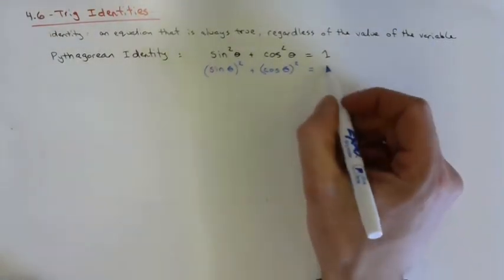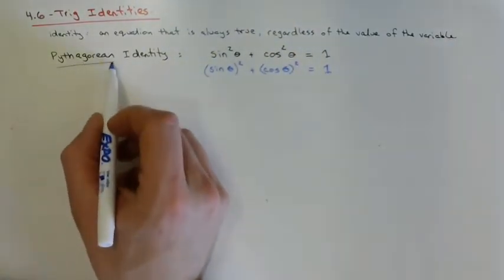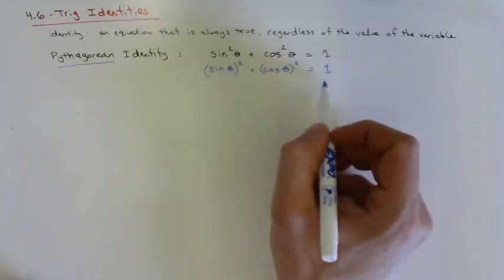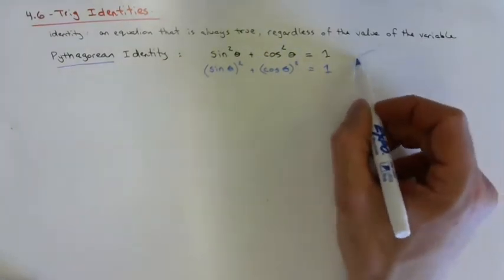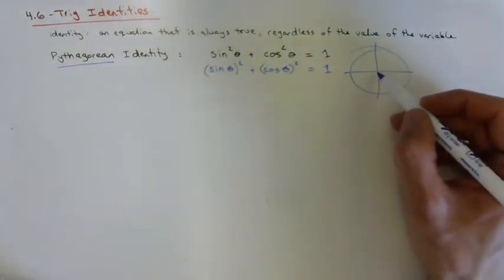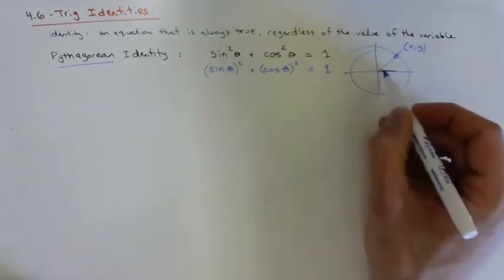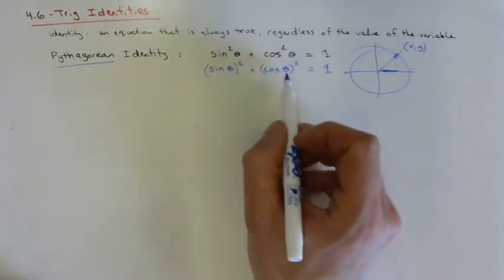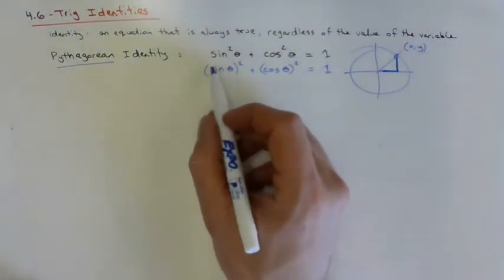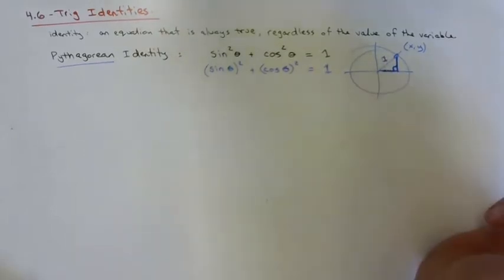The other thing to note is that it looks a lot like the Pythagorean theorem, right? So this is in a unit circle, where you have any triangle. It has an x distance, represented by cosine, and a y distance, represented by sine, and it forms a right angle triangle where the hypotenuse is 1.